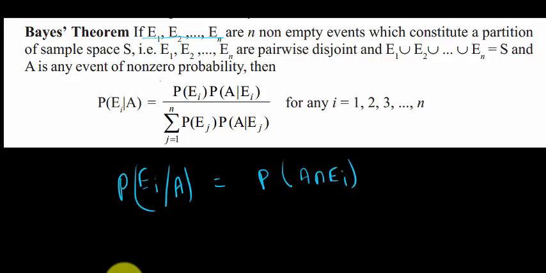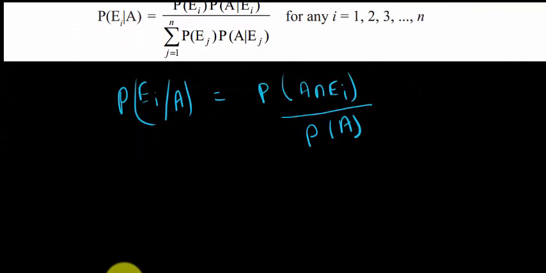Well, we already know that probability of Ei, any event, given that A has occurred can be written as probability of A intersection Ei divided by probability of A, isn't it? That's the conditional probability, isn't it?